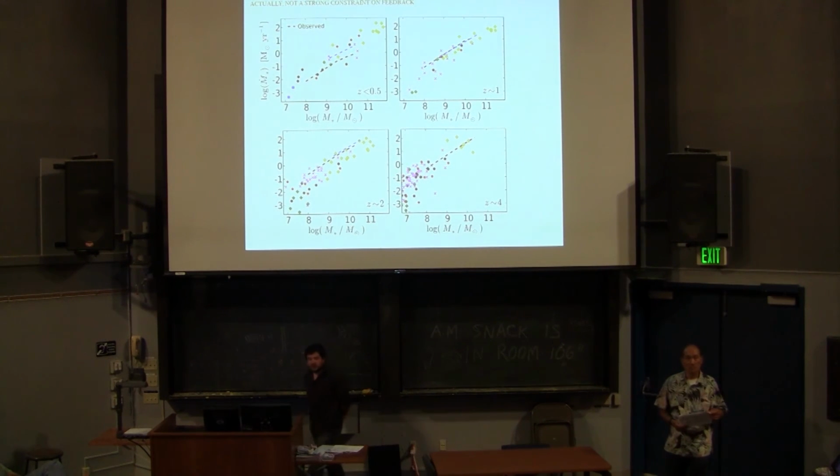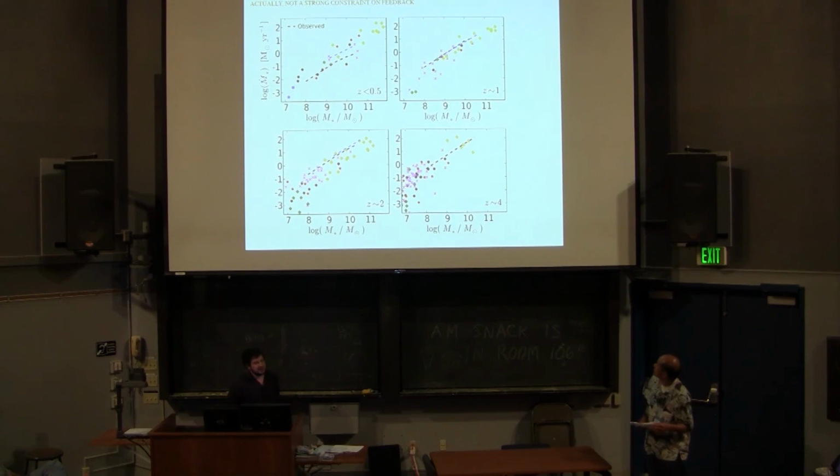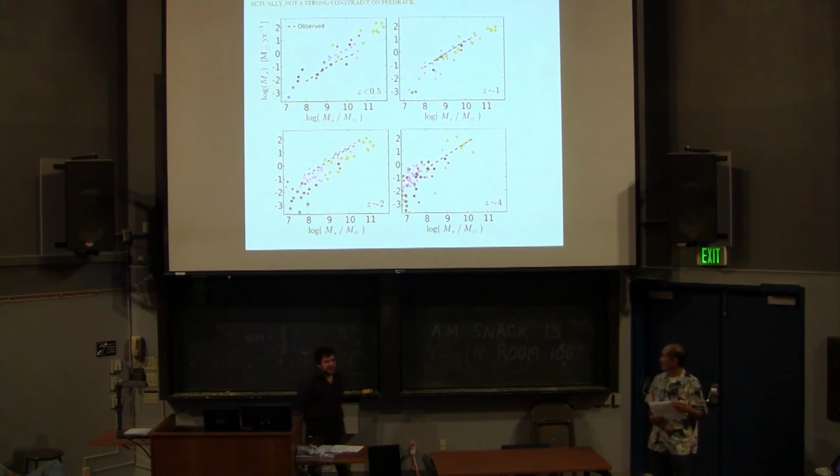It's a little higher for the dwarfs, but that's not a problem. What I was actually going to make the point with this slide is that this is a terrible diagnostic of feedback, because these yellow lines are simulations that have very weak feedback and very low resolution and hideously overcool, and they just move along the relation. They don't actually deviate from it very significantly. So that's not as much of an issue.